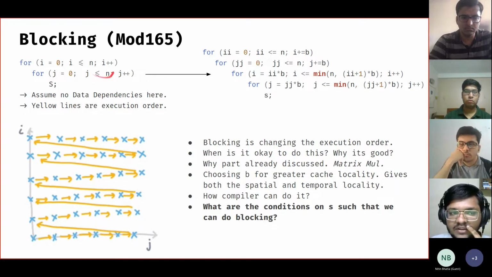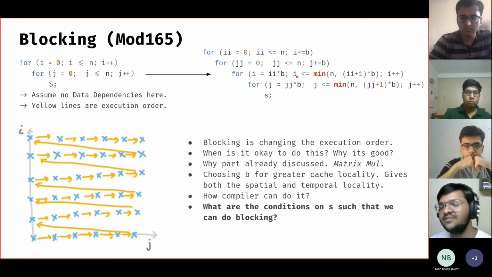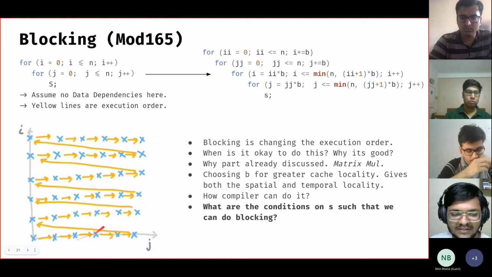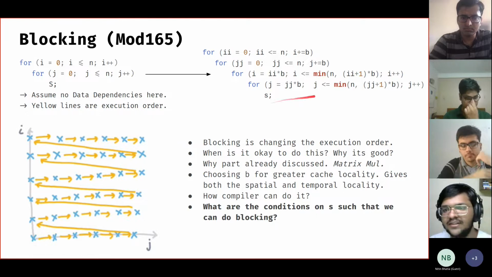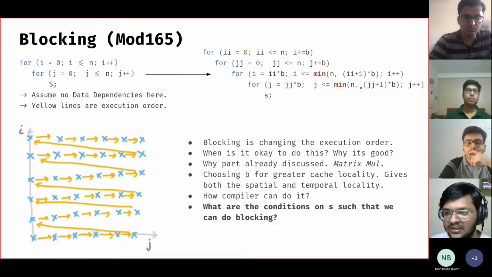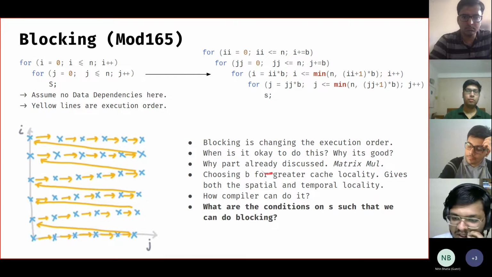If we try to do blocking on this two-loop stage, we are just dividing this iteration space into small blocks, and we are executing each block one by one.